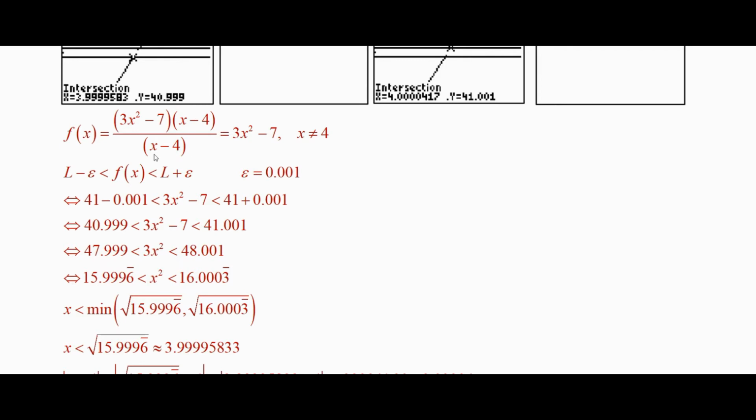The x minus 4s are going to cancel out, because remember, we're not letting x be 4. Here we add 7 to all three sides, divide by 3, and then take a square root. So x is less than the minimum of these two things, which is here.